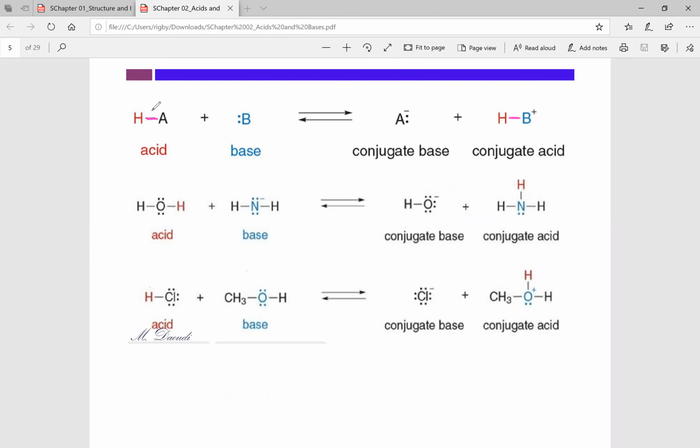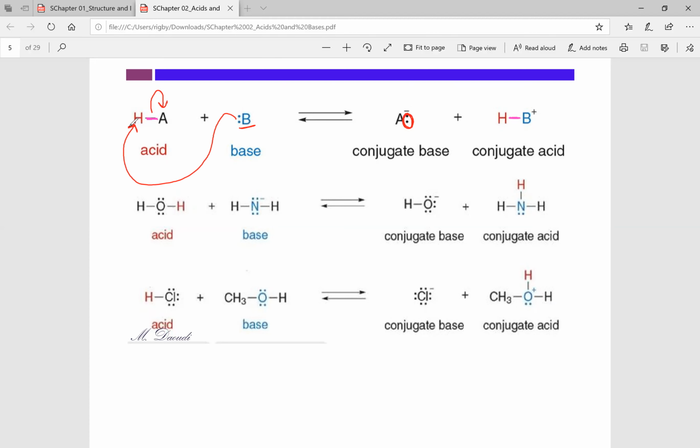So in this case, we can show that this bond breaks and the electrons from the bond end up on the conjugate base. So you see here that these electrons on the conjugate base were the electrons that made up the hydrogen conjugate base bond. And we can see here that our base uses its free lone pair of electrons to make a new bond with the hydrogen atom that just left the conjugate base.